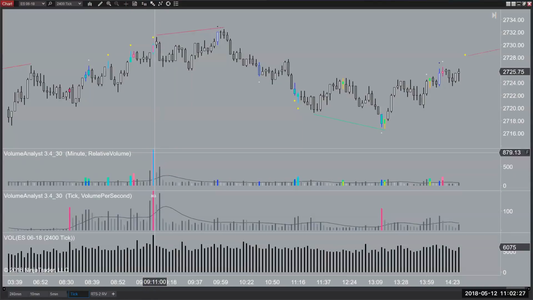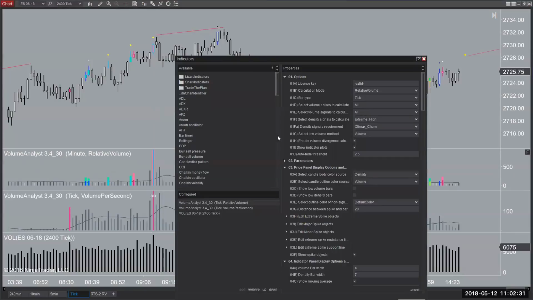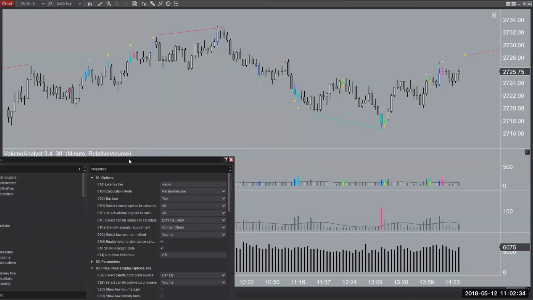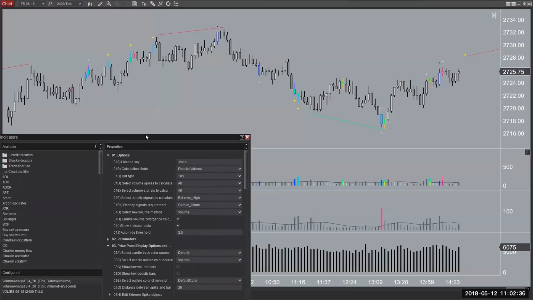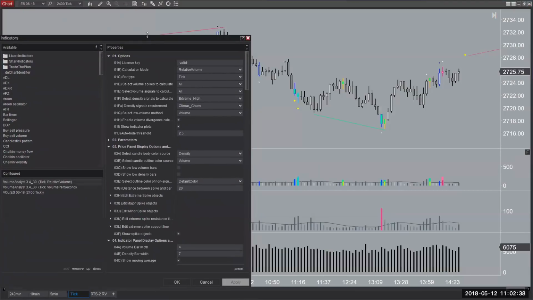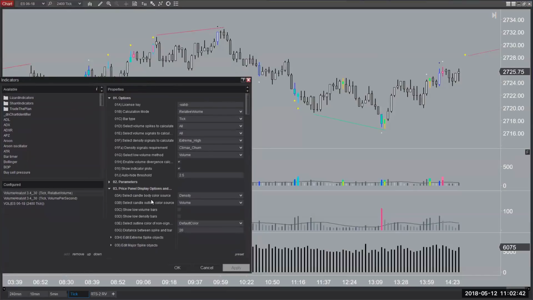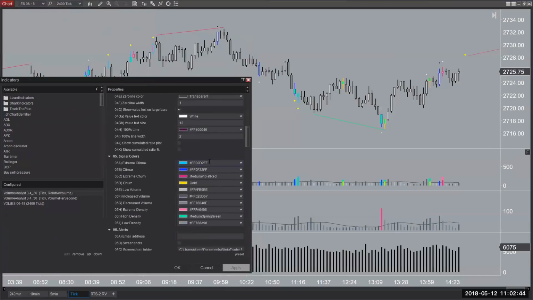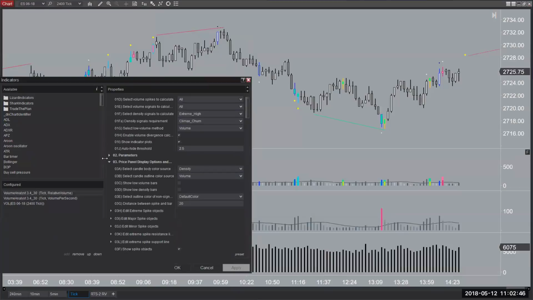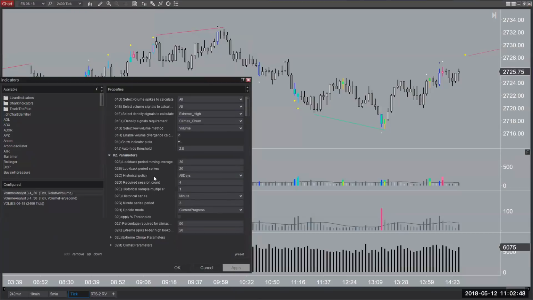So what we've done, there's a couple of different ways that you can do it, and I'm still playing around with a couple of different methods here on how to do this. But what we've done with this relative volume to be able to get it to display on these non-time-based charts is make it multi-time frames.